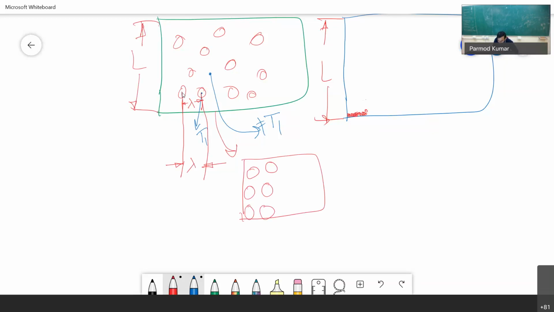Lambda represents the average distance traveled by molecules between successive collisions. If I consider L close to lambda, meaning L of the order of lambda, in that case I will have a significant amount of void gaps in my system. Is this point clear?